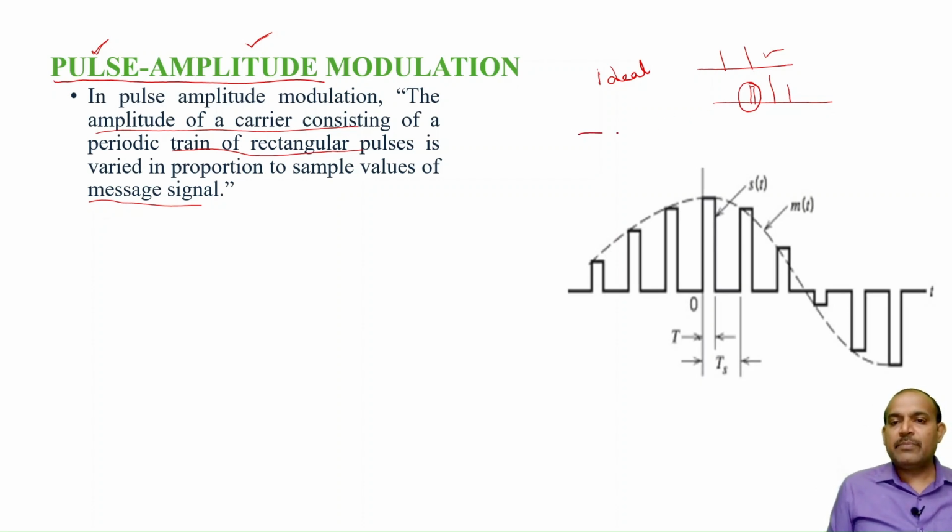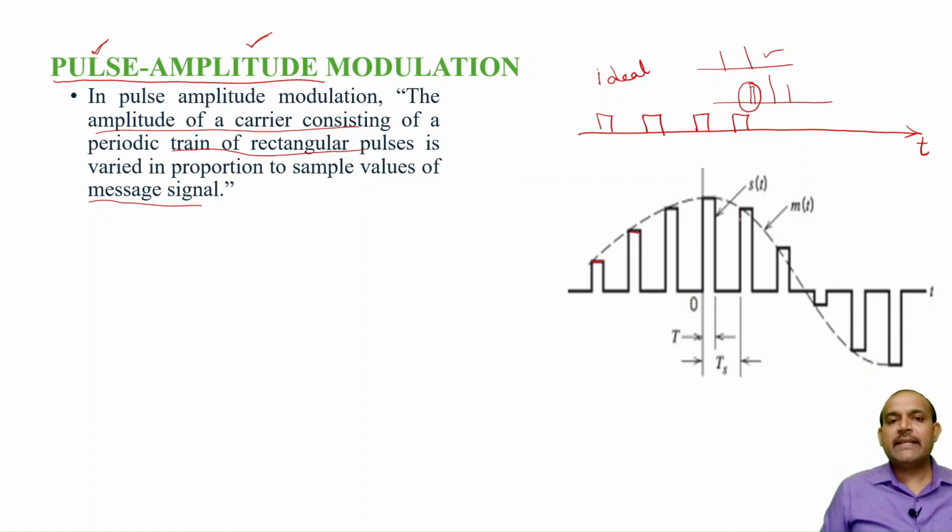Let us understand this with the diagram. Suppose I take pulses as the carrier signal; this is one pulse, this is the other pulse, so you get a train of pulses like this. The amplitude of the carrier is constant, but in the modulated wave, the amplitude of the carrier is varied in accordance with the message signal.